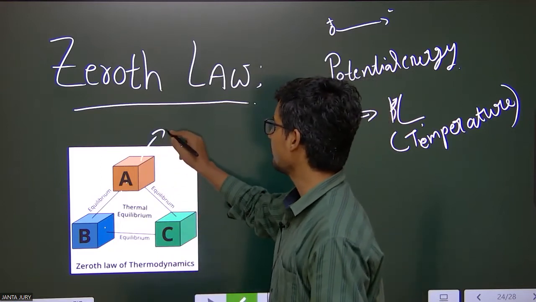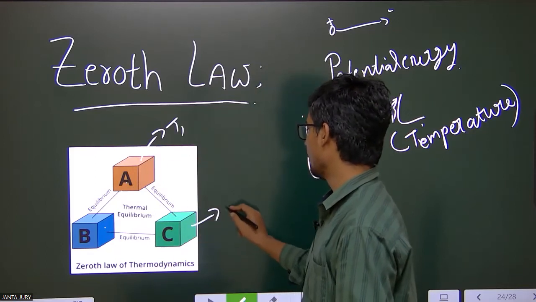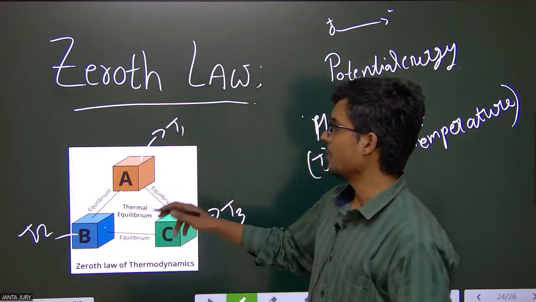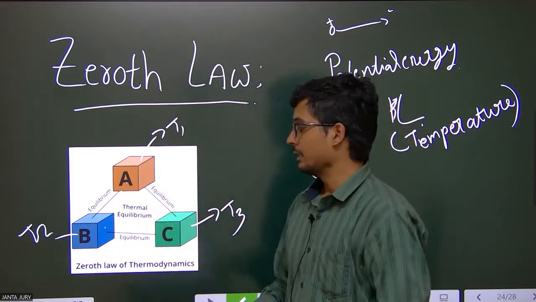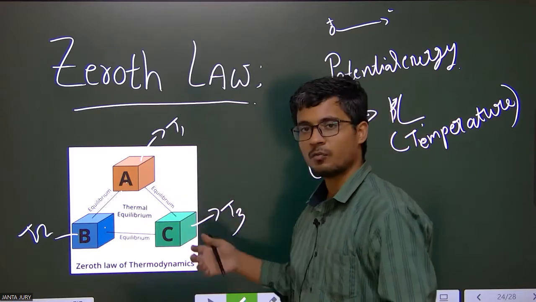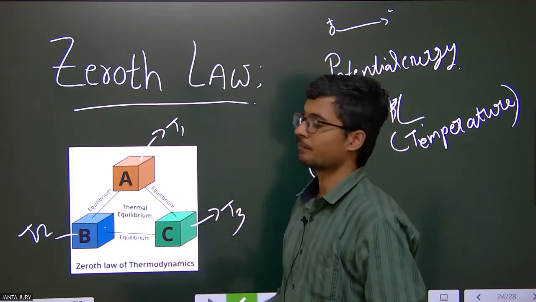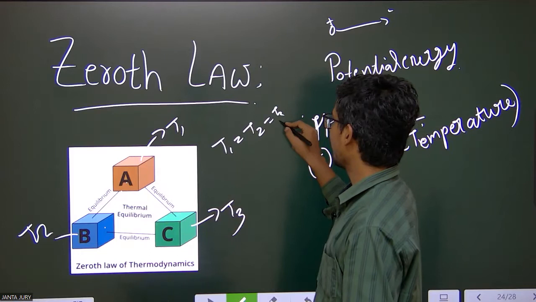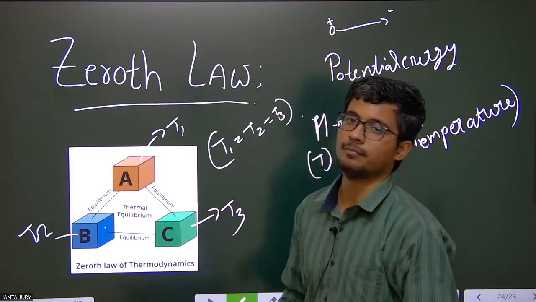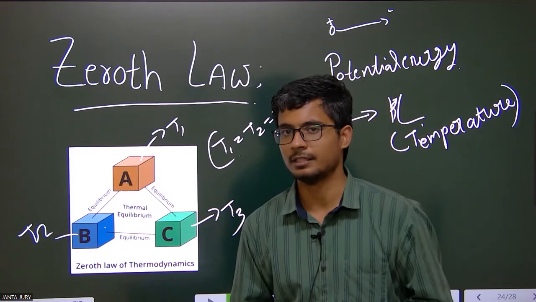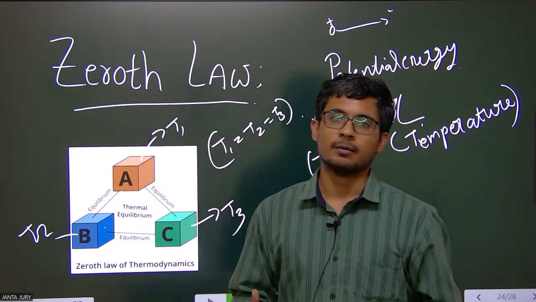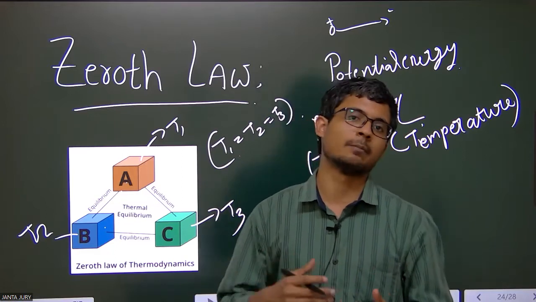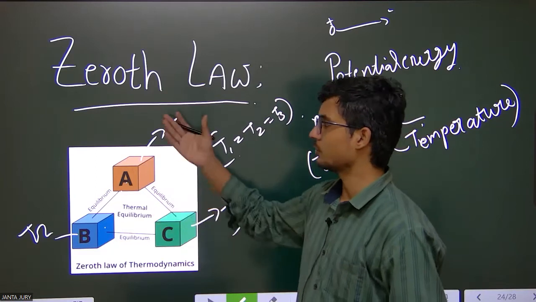If the temperatures are T1 of body A, T2 of body B, and T3 of body C, then these bodies will be in a state of dynamism, a state of heat exchange, till T1, T2, and T3 remain the same. My body is exchanging heat continuously with the room, and this process will continue till the temperature of my body and this room comes into thermal equilibrium. This is what the zeroth law is all about.